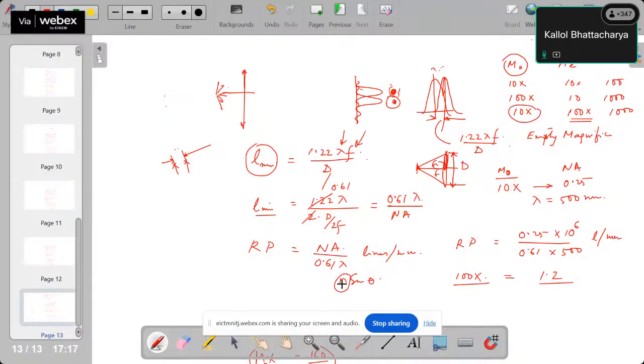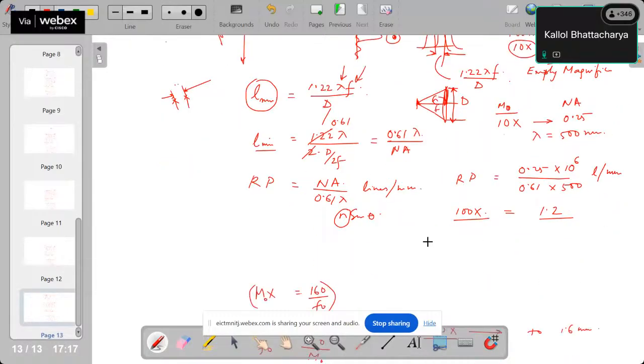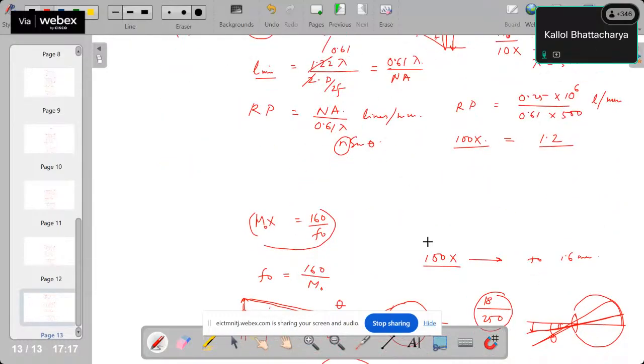So what happens is, in case of a 100x objective, we use an oil between the objective and the slide. You put a drop of oil on the cover slip under which the sample rests.